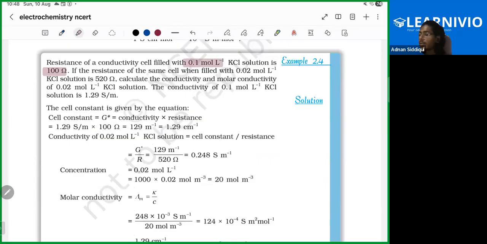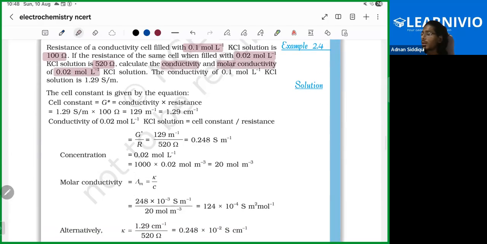If the resistance of the same cell when filled with 0.02 concentration solution is this. So what did it say first? It said that if the resistance is 100 then the concentration is this, and if the resistance is increased to 520 then the concentration is this. Okay. Calculate the conductivity. You have to find kappa and molar conductivity, which is lambda m of 0.02 mole KCl solution. The conductivity of 0.1 mole KCl solution is this.